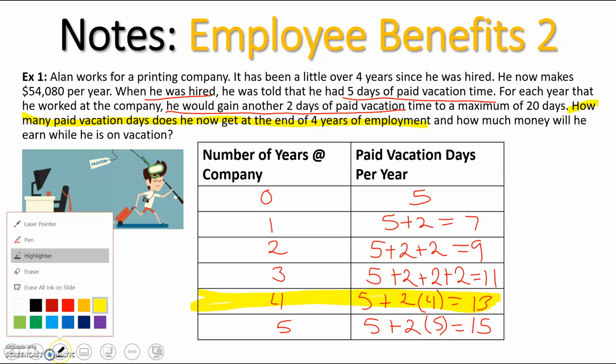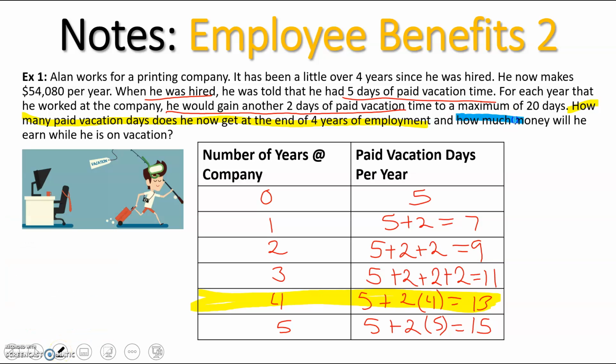Now, the second question is a little different. The second question is how much money will he earn while he is on vacation? Now, we see here that he gets to take off 13 days. We are going to assume that he generally works the full year, so we are going to assume that he works for 52 weeks.